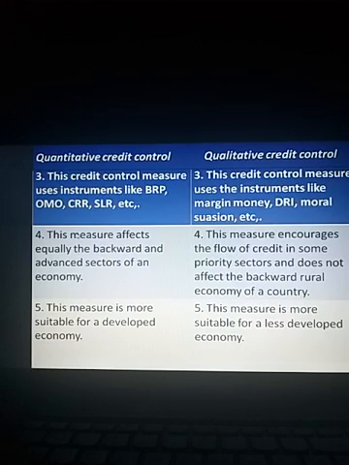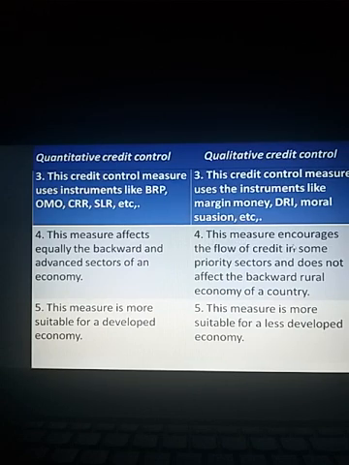Come to point 4. This measure affects equally backward and advanced sectors of an economy. That means here there is no preferential treatment in quantitative. Irrespective of whether it is backward or advanced, all the sectors get affected by the quantitative credit control measures. Come to the right hand side.